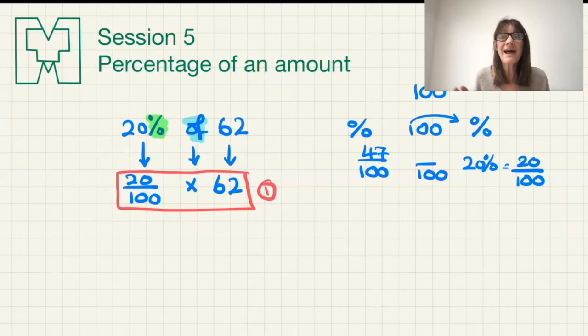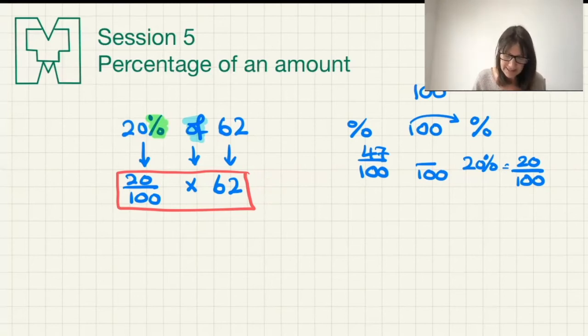You haven't even done any maths yet, and you've got 1 mark. Boom. It's showing the examiner that you understand what the question is asking of you. And on all the mark schemes I've seen up to date, they give a mark for writing that. And that's why I really love this method. 1, it gets you a mark straight away. 2, it'll do any question no matter how hard it gets.